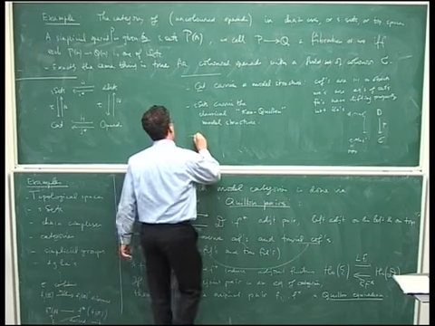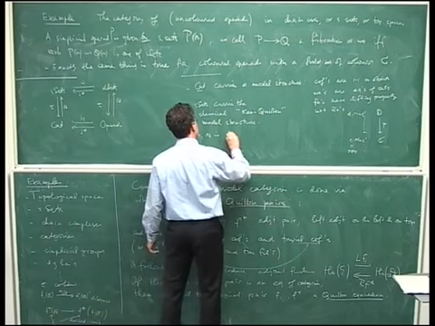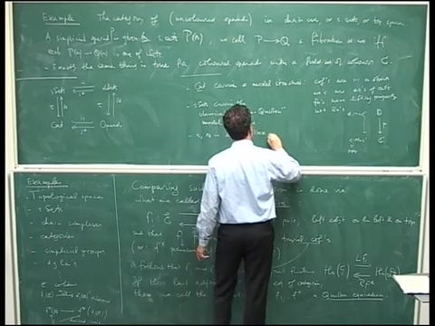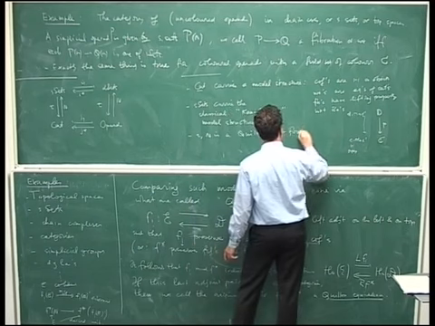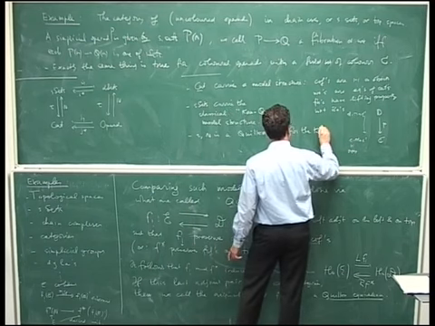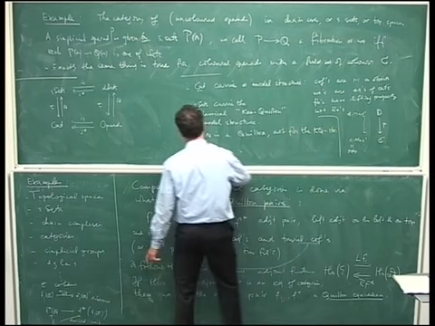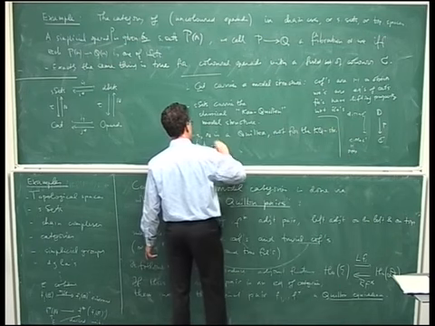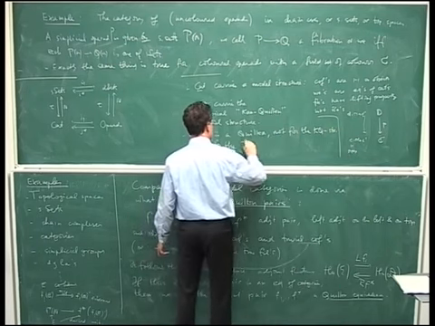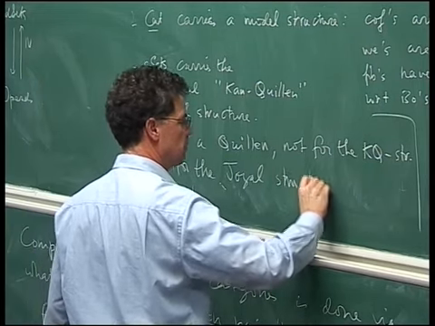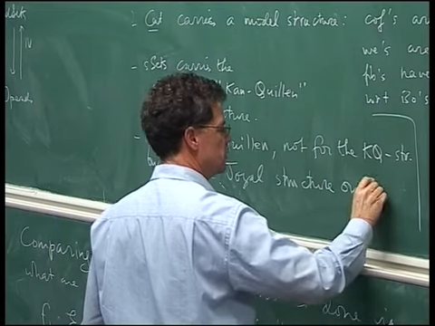So tau and the nerve form a Quillen pair, not for the Kan-Quillen structure, but for the Joyal structure of simplicial sets.